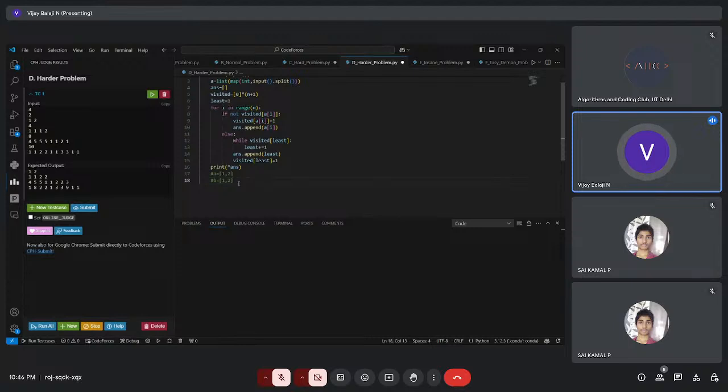The property that B should satisfy is that Bi, in this case the element 1, must be the mode of A1 through Ai. So B1 should be the mode of the sublist A1, and B2 should be the mode of the sublist A1 and A2.